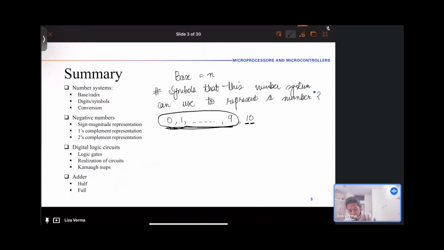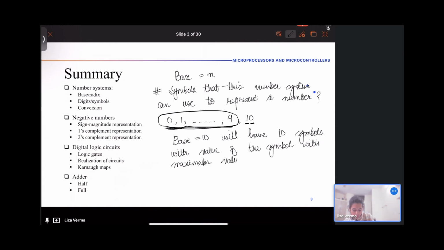So for a number system with base 10, we'll have 10 symbols with the maximum value equal to 9, right?